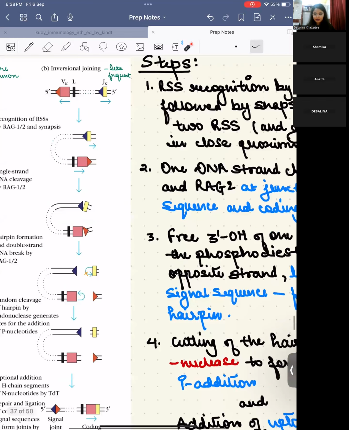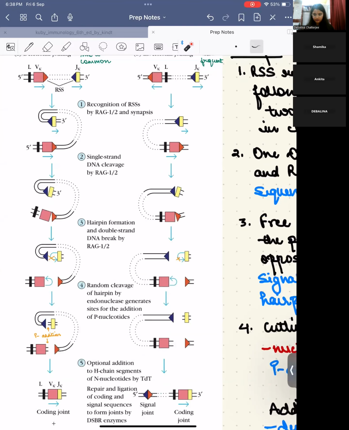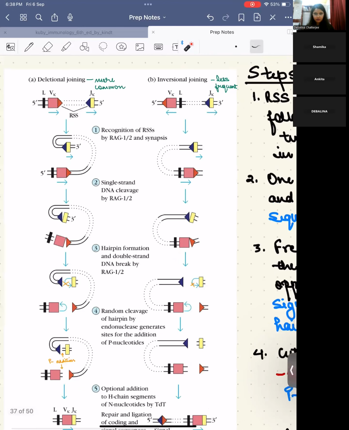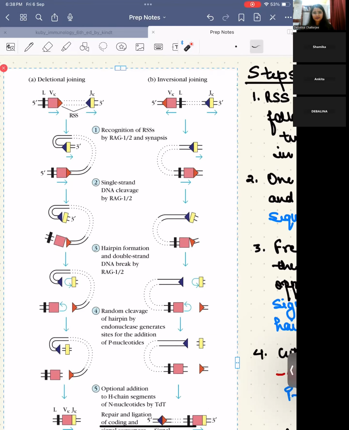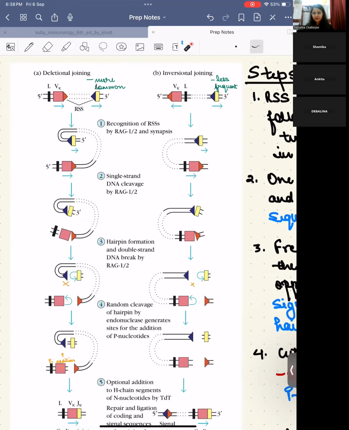Are you writing? Yes. Whatever I think that you are writing is not visible. Yeah, 1 second. Is this now better? And my connection is lagging, I think. Okay, is this better now?